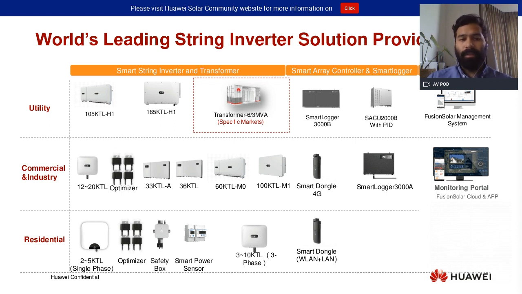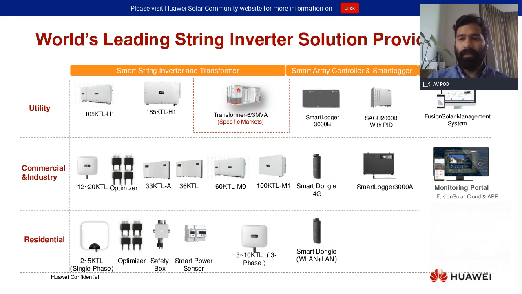So on the utility scale, we have at the moment two inverters, the 105 kTL and the 185 kTL. Main difference is the power, of course, and the input current per MPPT. But the architecture, as I said, of the inverters is the same.